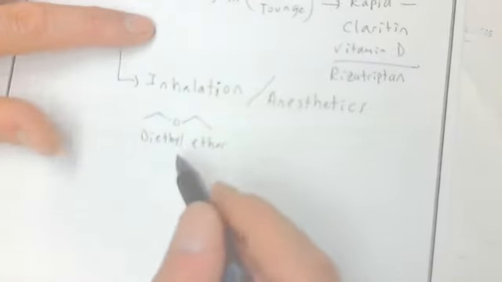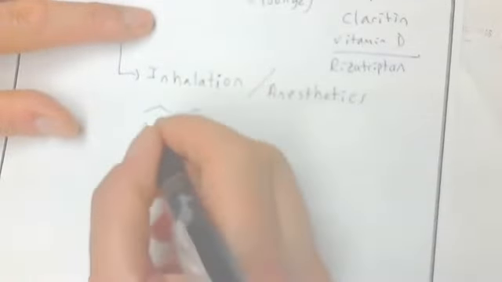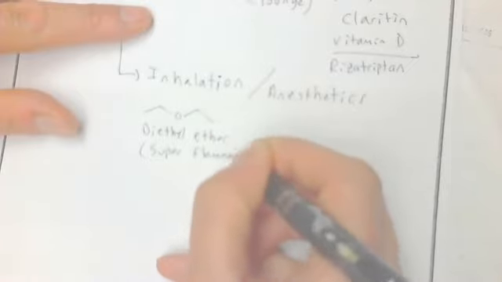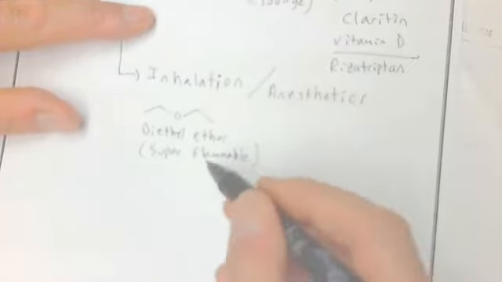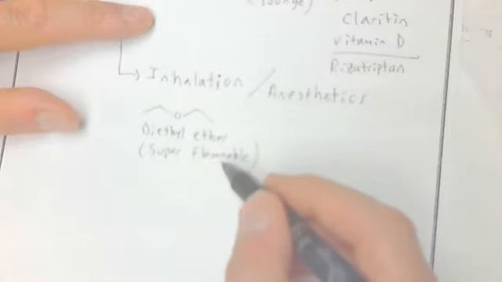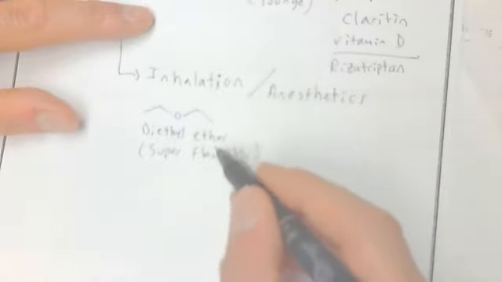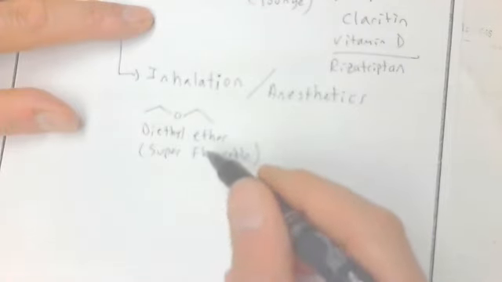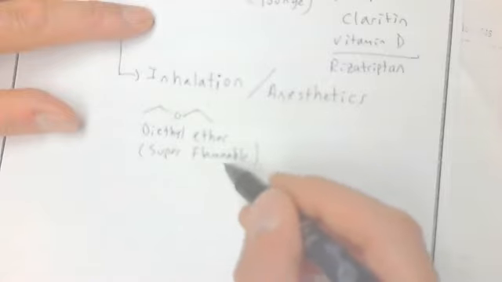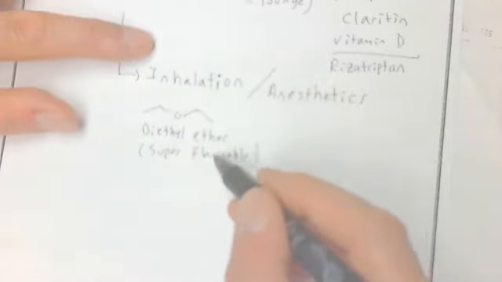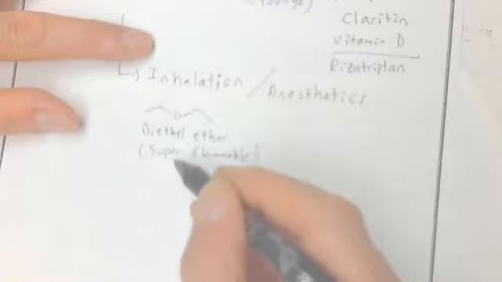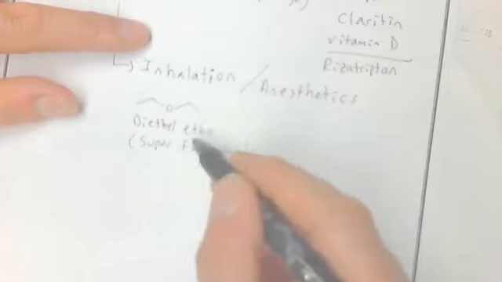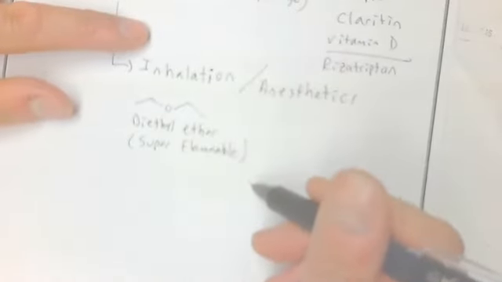The biggest problem with ether was it's super flammable, right? Super flammable. That's one of the problems, but generally speaking, it's not very toxic, and it's effective as an anesthetic. But in the old days, your dentist would be smoking a cigarette while pulling your tooth out, and then the whole room would catch on fire or something. So you have to be very careful with a highly flammable chemical like this being used as anesthetic.